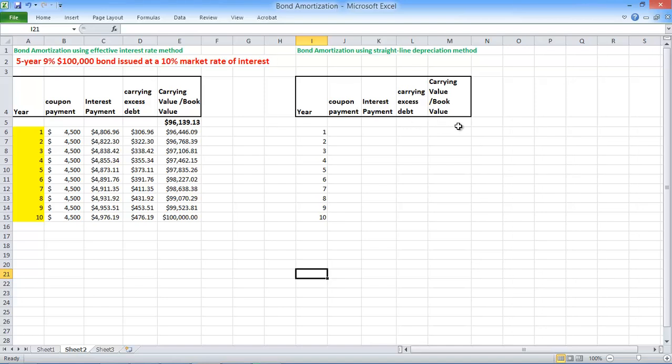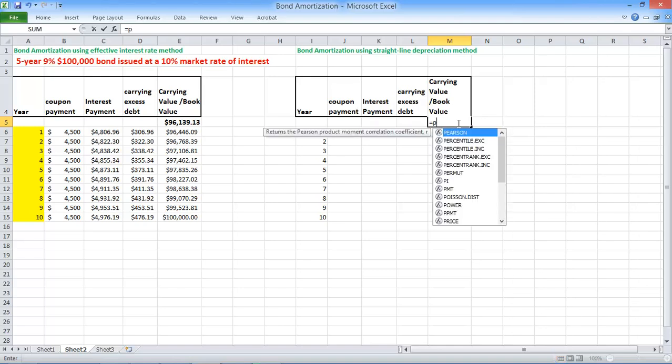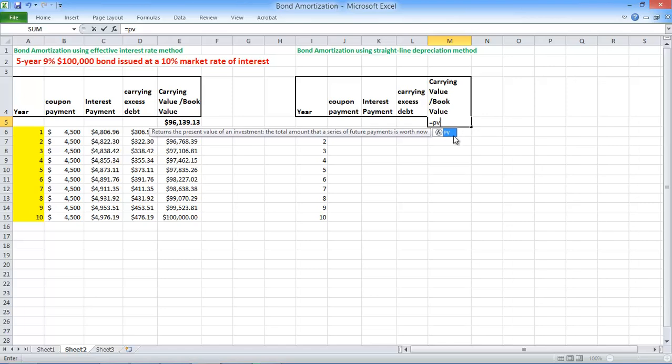So how do you calculate the present value of the bond? We issue this bond, so at time zero, presently, we will receive the present value of this bond. The rate is the market rate, which is 5% because it's semi-annual compounding. It's 10%, so semi-annual is 5%.